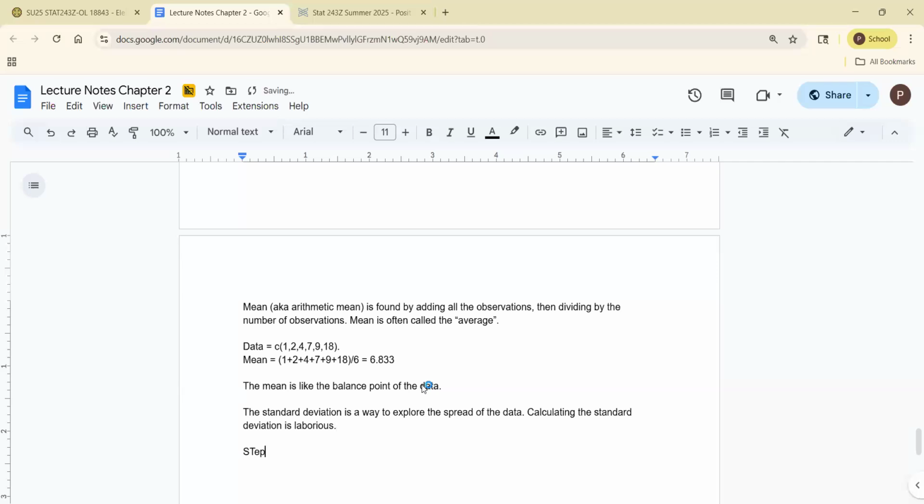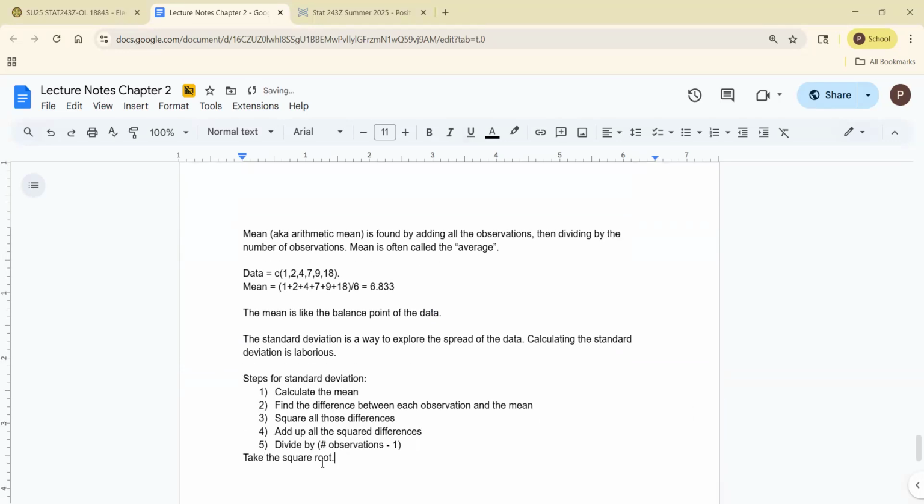But the steps are as follows. Steps for standard deviation.